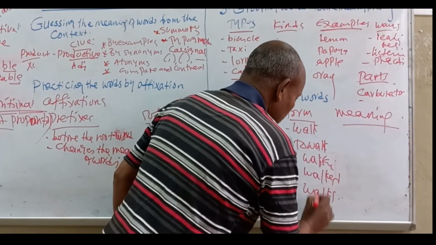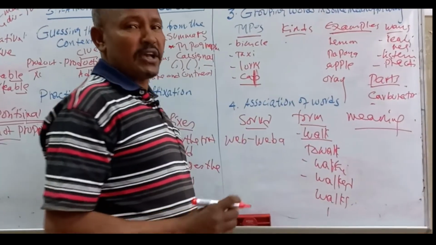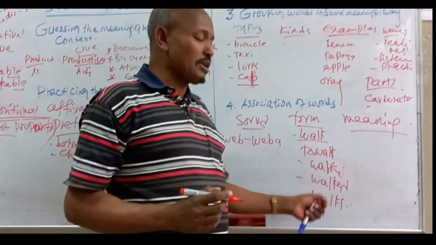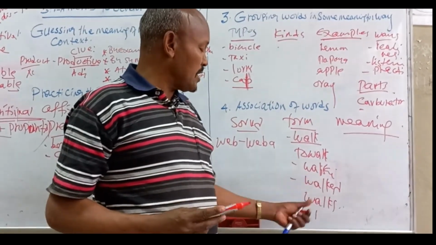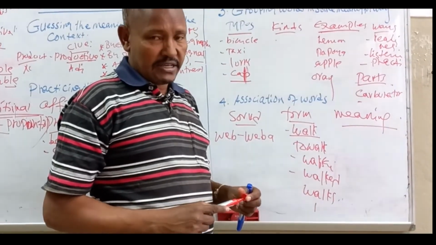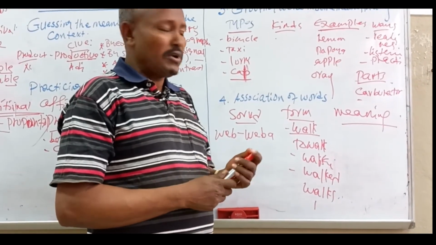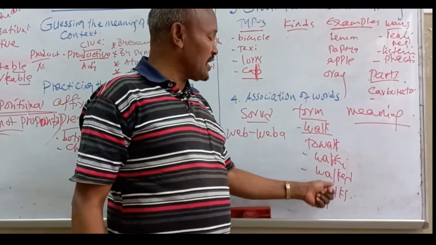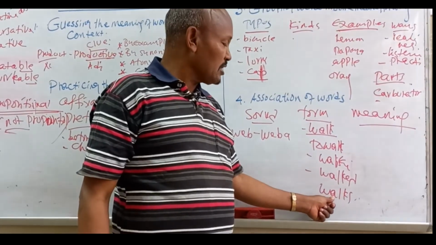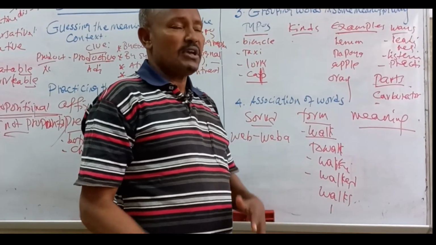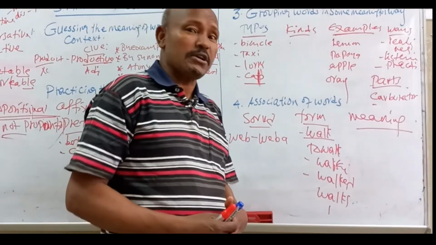I want to define work, so I can associate this word in form association with to work, working, worked, works, and something like that. These are form association. So we can associate this word with other words that have the same meaning. By associating words in this way, we need some knowledge of vocabulary words.